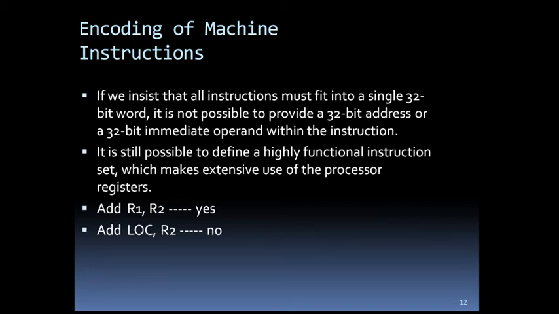Instead of this second instruction, we can use add contents of r3 comma r2, provided that we load the address location into register r3 before the instruction is executed. So in this case, the register r3 is being used as a pointer to the desired memory location.